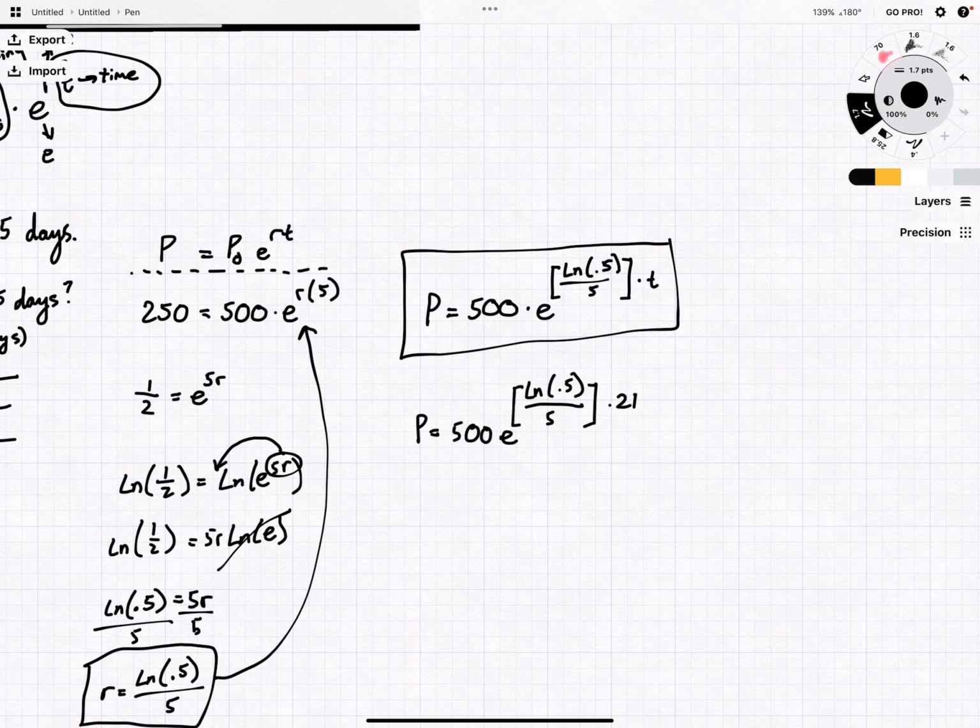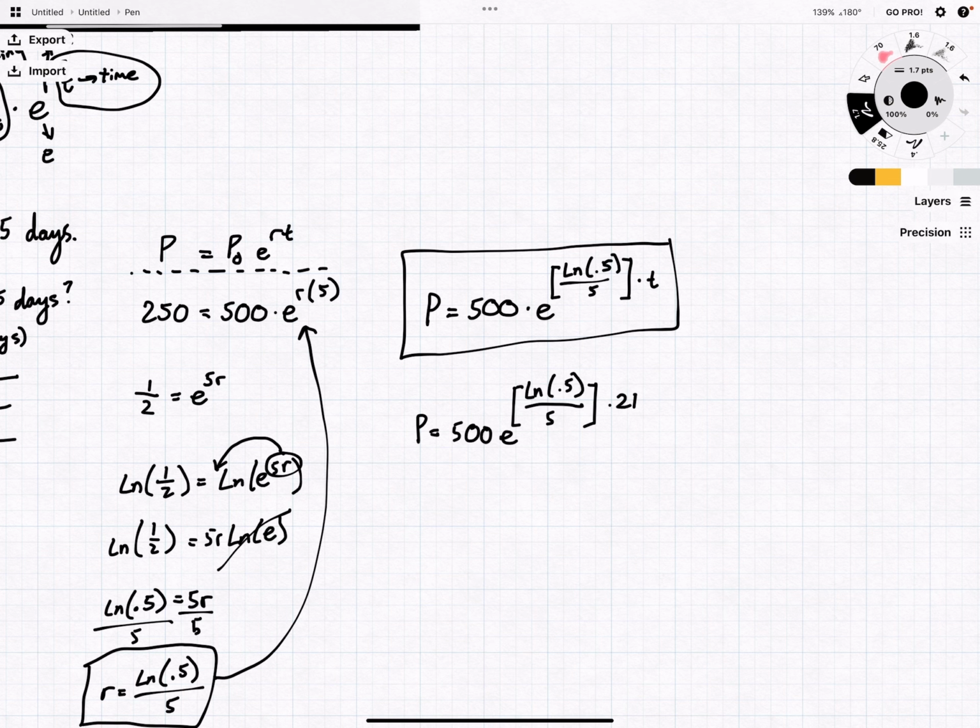So I'll do the exponent part first. I'm typing into the calculator ln of 0.5, then dividing by 5, multiply by 21, and now I'm going to take e to that power.